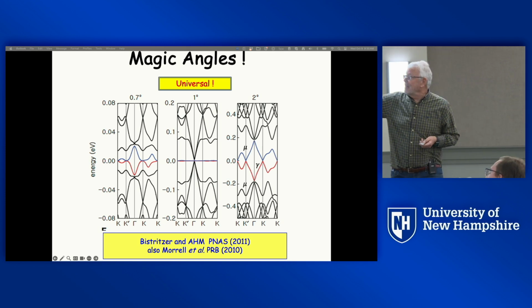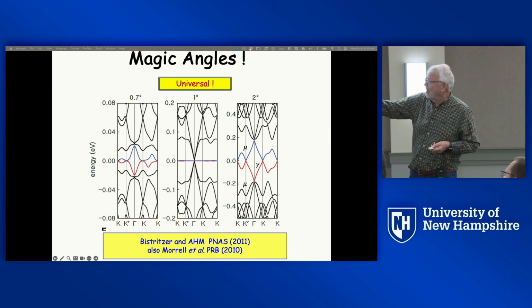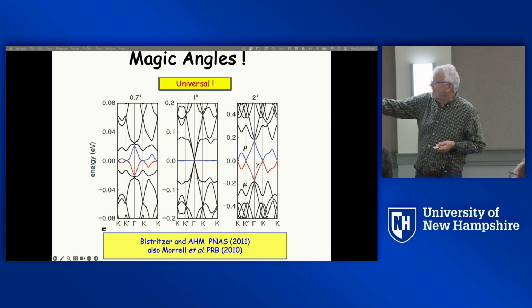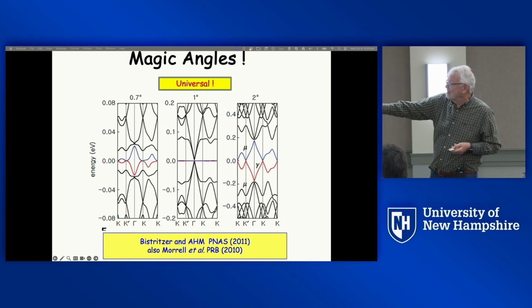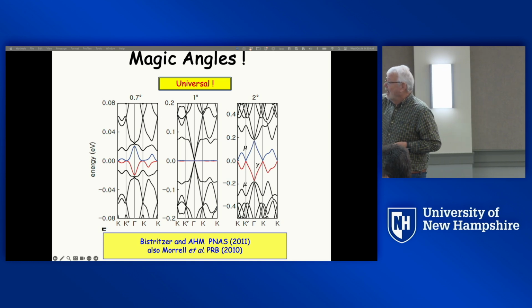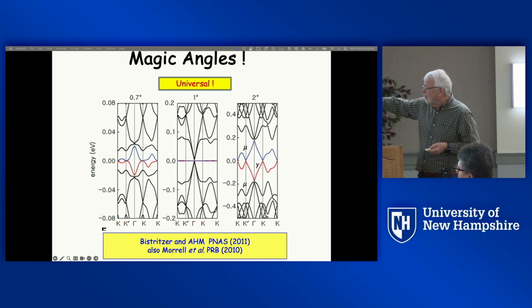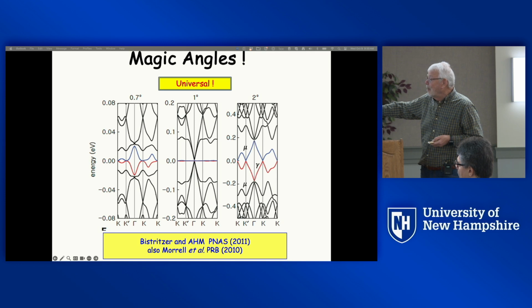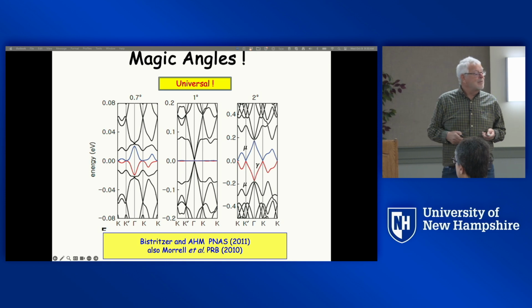But it turns out that there are a discrete set of twist angles, so-called magic angles, where the bands, the electron velocity, so this is energy as a function of momentum in the momentum space of the Moiré pattern. And so the derivative of energy with momentum is velocity.